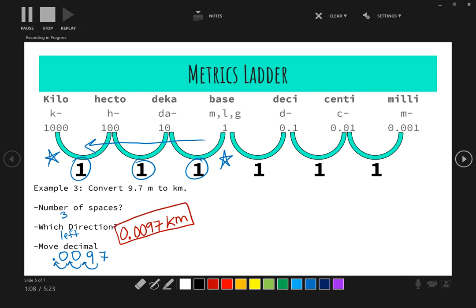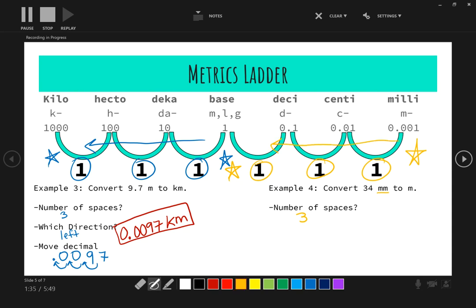All right, let's take a look at one last example. Convert 34 mm to m. All right, so let's find where we are starting. We're starting at the place with two m's. We're going to go to m. All right, so how many are in between? 1, 2, 3. So we're going to move it 3 spaces. In which direction did we count? We counted from mm to m. So we went to the left, which means I'm going to move my decimal 3 to the left.